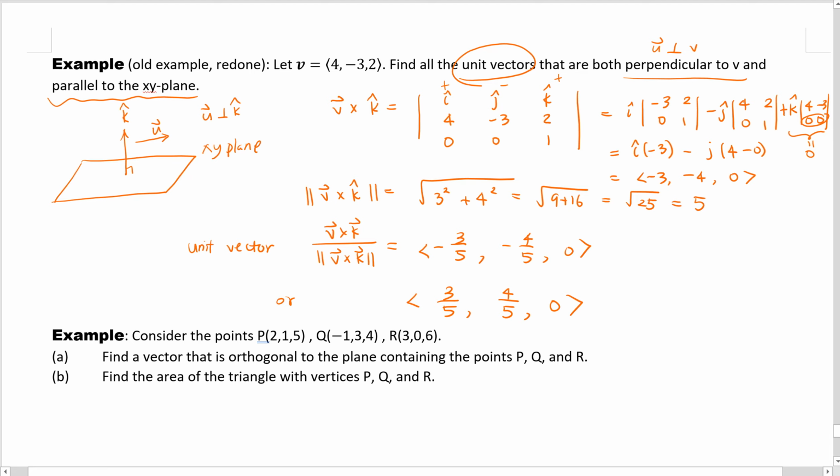So far so good, everybody? So now we have found 2 unit vectors that are both perpendicular to V and parallel to the xy plane. You can actually check our answer with the previous session. Do we have the same results? You can check that. All right, let's continue.